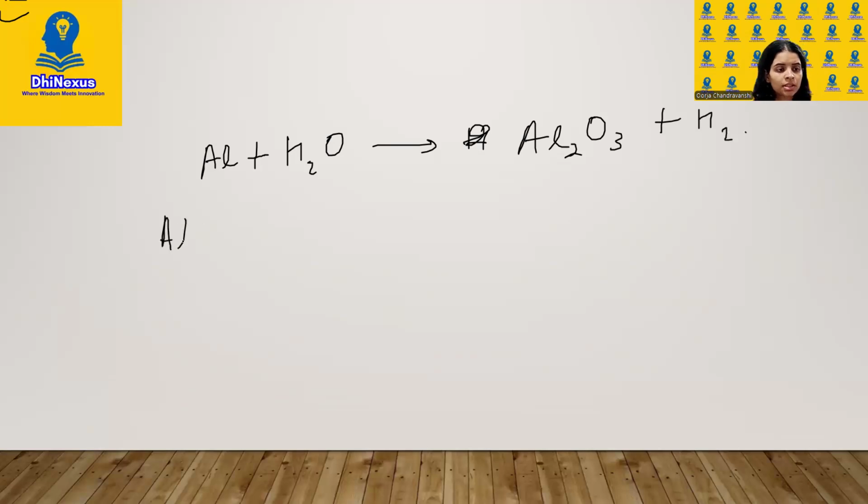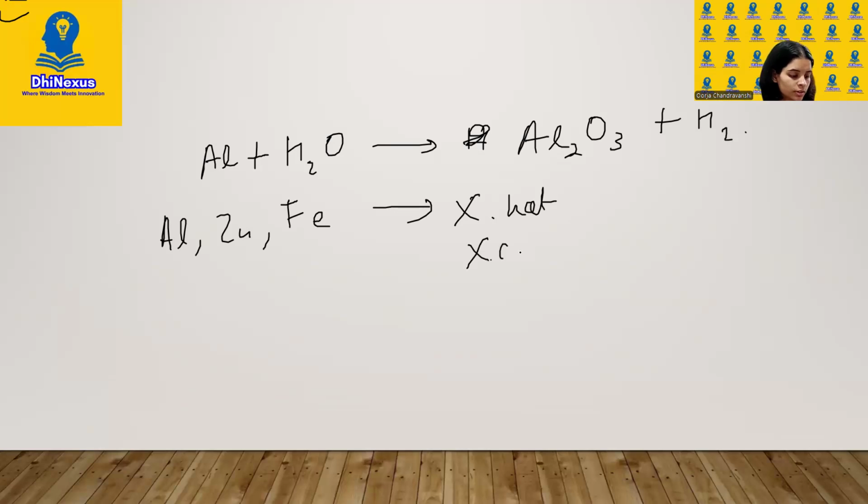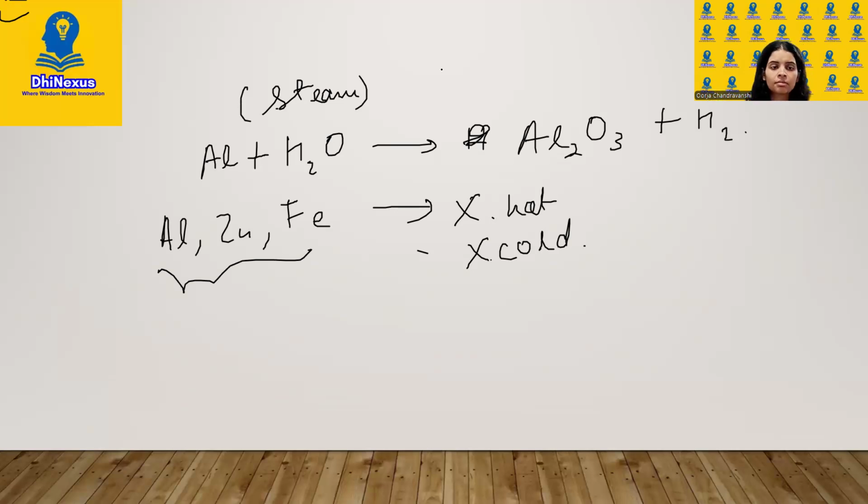Now remember, aluminium, zinc, iron, these neither react with hot water nor with cold water. So what do they react with? This is the reaction with steam. They react with steam instead. And we get metal oxide and hydrogen.